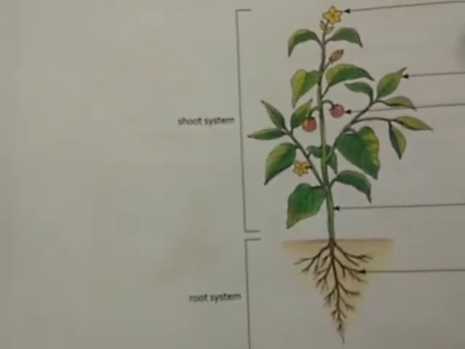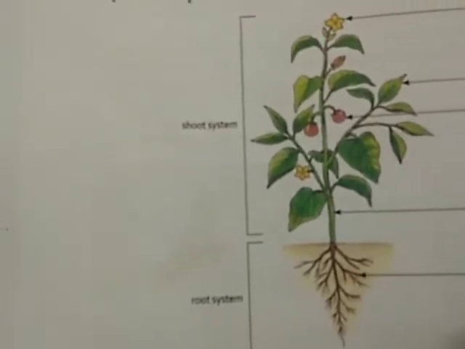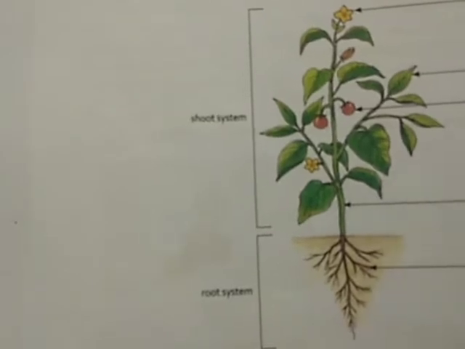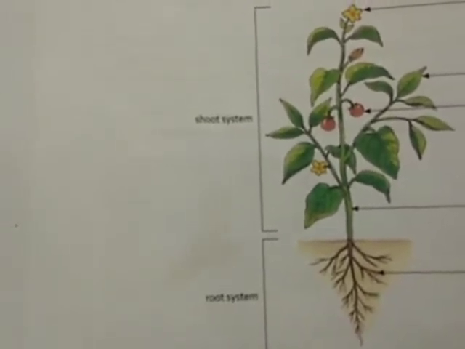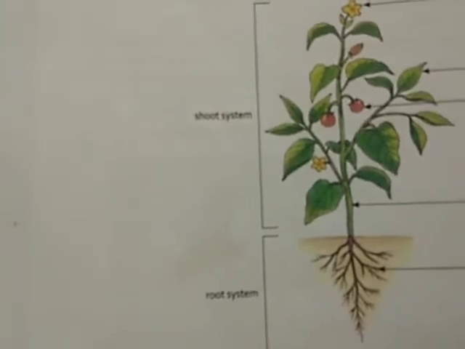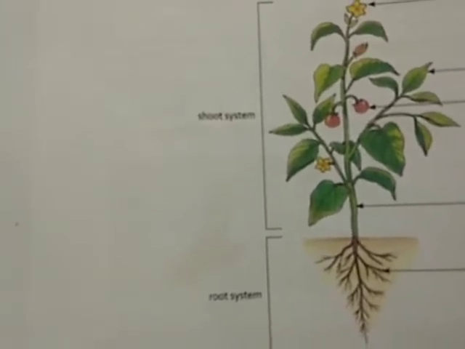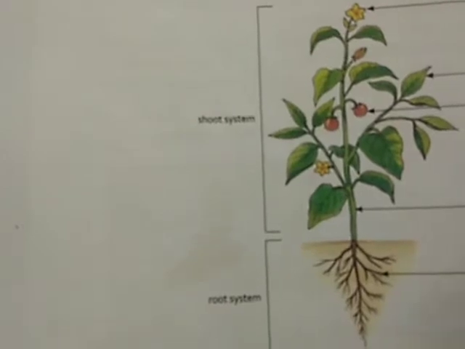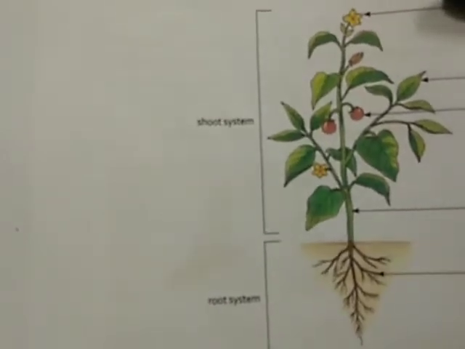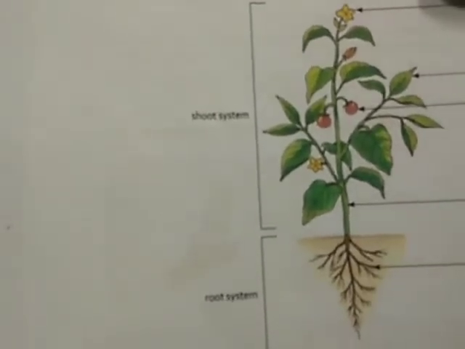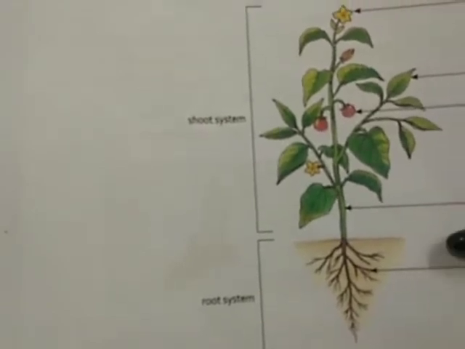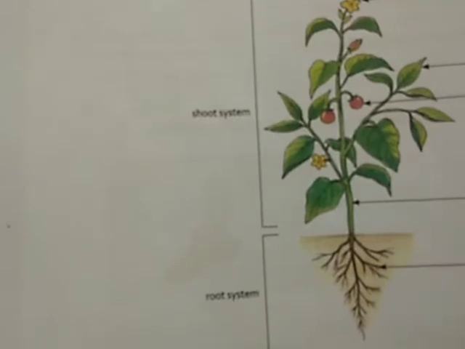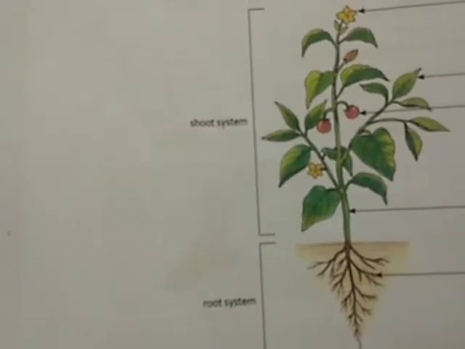There are different parts, no doubt, but mainly, as shown in the picture, a flowering plant has two basic parts. Which parts? The part that is above the ground is known as shoot system. From here till the top, it is shoot system, and the underground part is called the root system, which we are learning more about in this chapter.